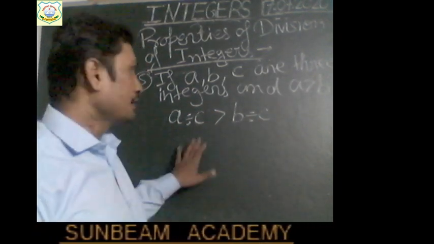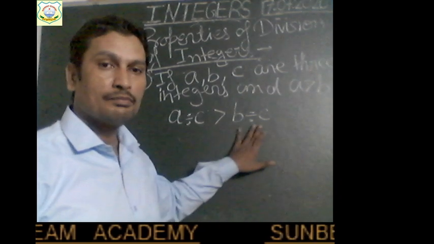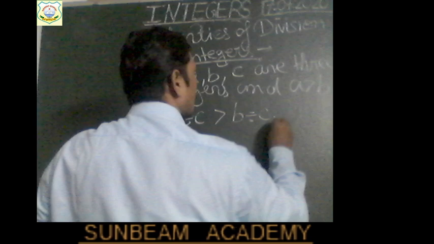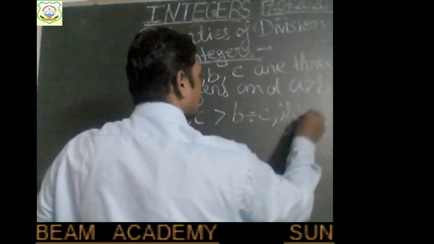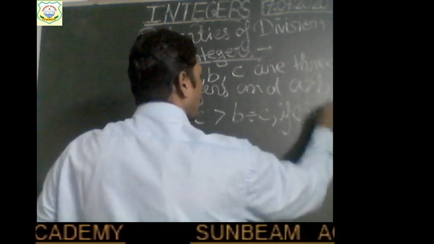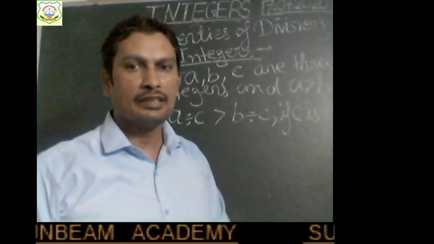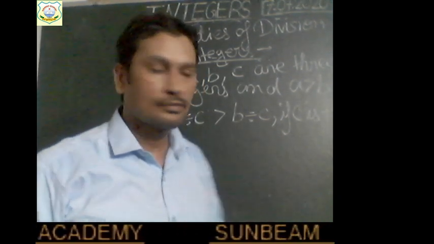then A divided by C will be greater than B divided by C if C is positive. Right, children? If value of C is positive.